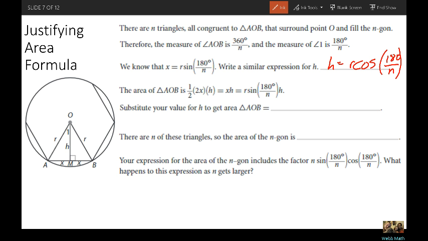If we think about it, cosine of this angle would be adjacent over the hypotenuse, right? And isn't angle 2 just represented as 180 divided by n? Yeah, because it's half, remember, of 360 divided by the number of sides. So that's how they end up getting an expression for h.